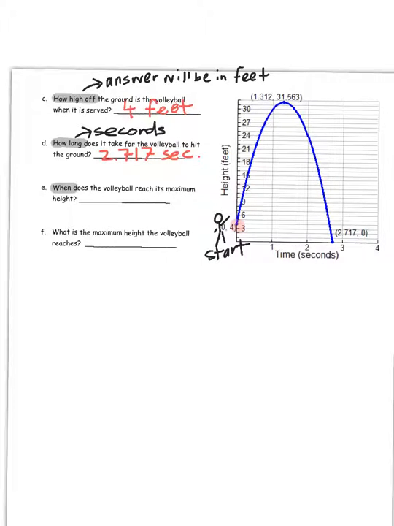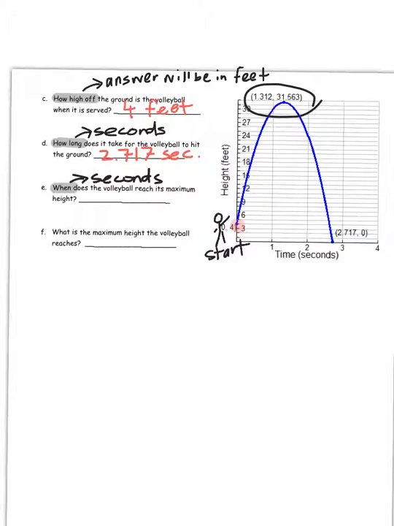When does the volleyball reach its maximum height? The question says when, which means my answer is going to be in seconds. Maximum height means its highest height. Follow this volleyball. Going up, going up, going up. This point right here is our maximum height. When does the volleyball reach its maximum height?